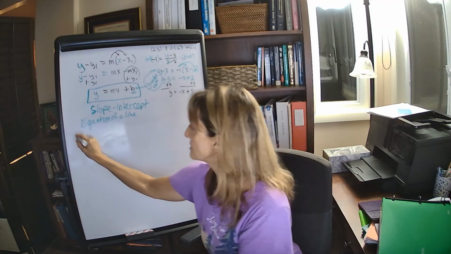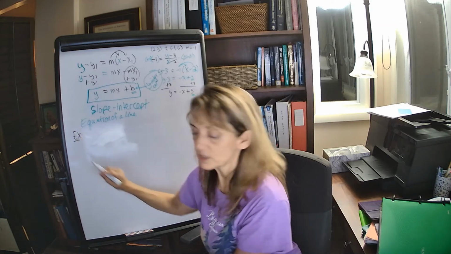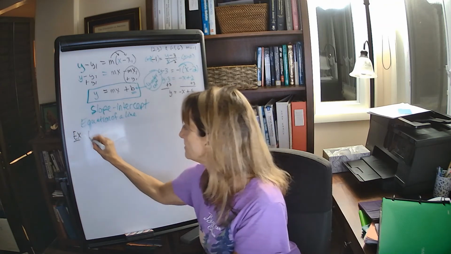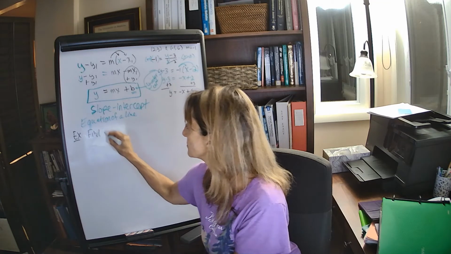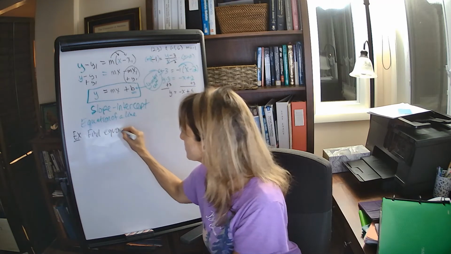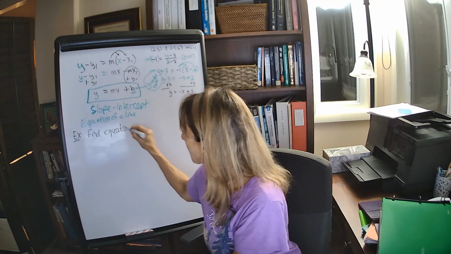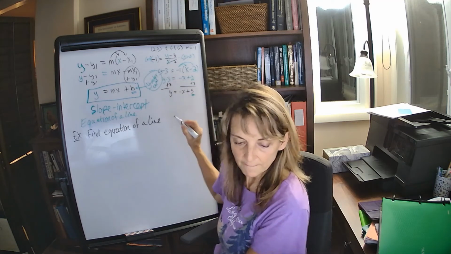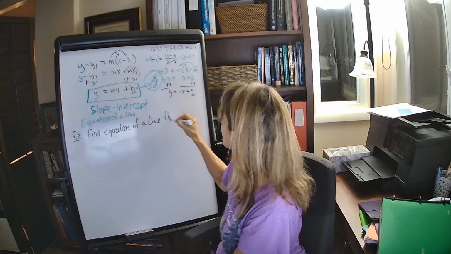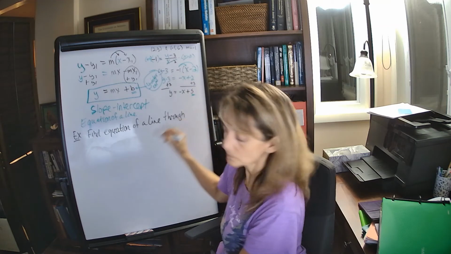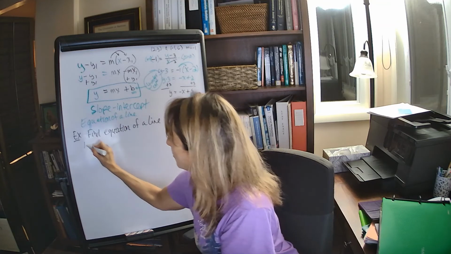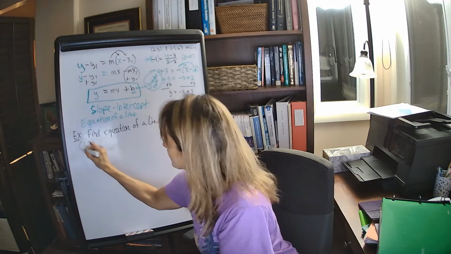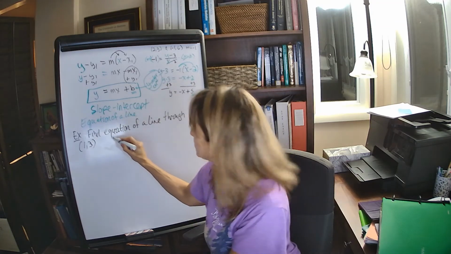So let's do an example. We're going to find the equation of a line that passes through (1, 3) and has slope 2.